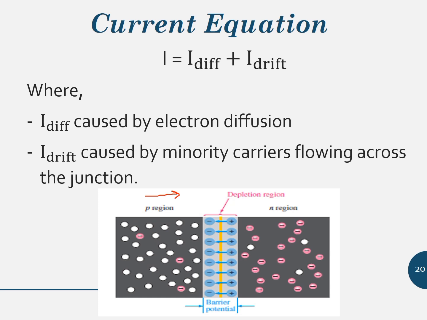Similarly, electrons in P region diffuse through depletion region. Both of these charge carriers experience electric field in the depletion region, which sweeps holes into the P region and electrons into the N region. These two phenomena create drift current. It is also called reverse current. It is from N to P.